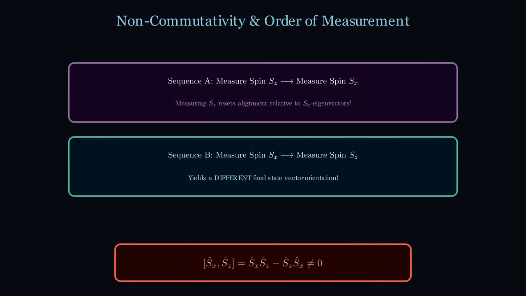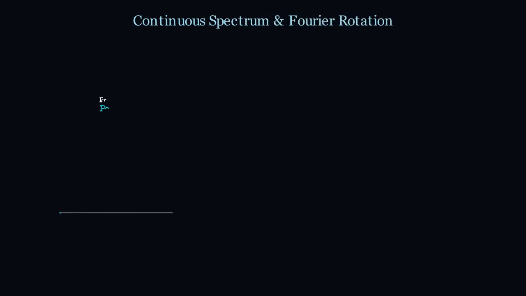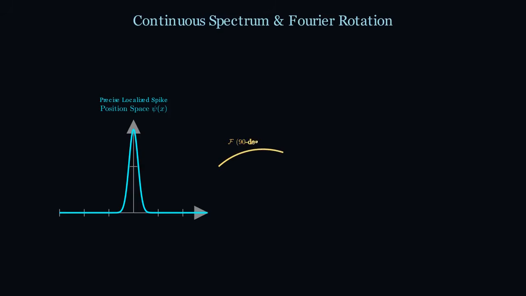The position operator, x̂, multiplies the state by the coordinate, while the momentum operator involves a derivative. Geometrically, the Fourier transform acts as a 90-degree rotation in this space, translating localized position space into wide, spread-out momentum waves. This translation shows why a precise position measurement forces the momentum state to spread out infinitely. We can never escape the geometry of these operators.